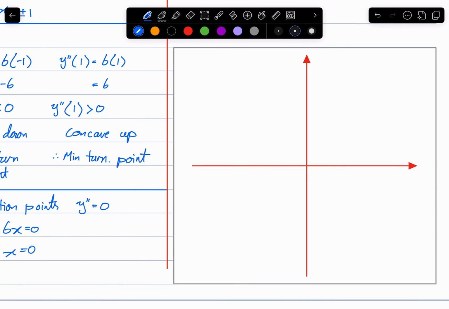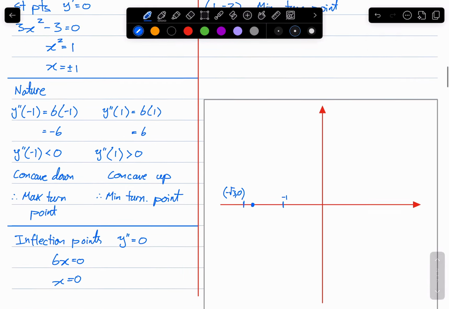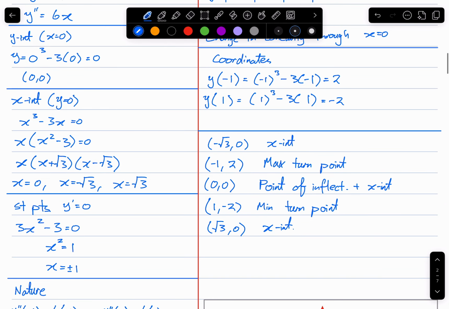So let's just say 0 is here, 1 is about here, 2 looks to be about here, 1.7 is about here, so that's negative 1. So that is our intercept, negative root 3, 0. Let's plot our next points.